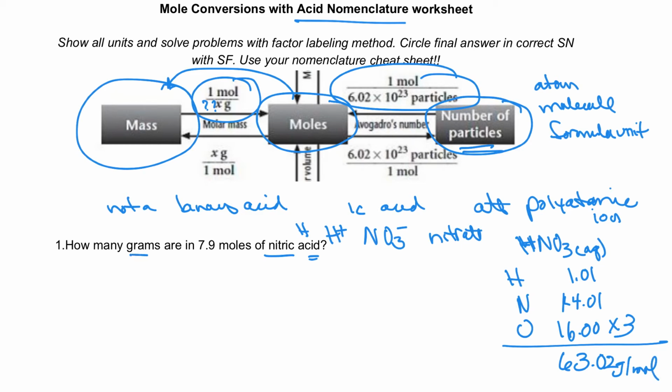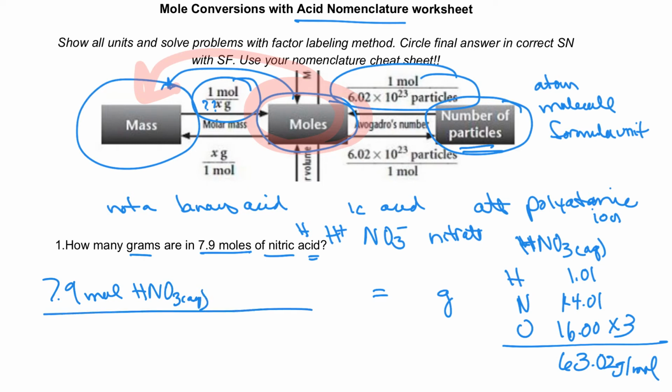If I want a single unit, I'm going to start with the single unit. I want grams, and so I'm going to start with my 7.9 moles. What I'm doing here is starting at moles and going to mass. So I'm going to say 7.9 moles of HNO3.